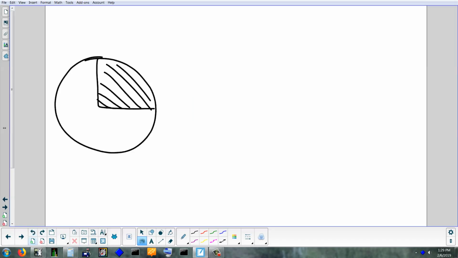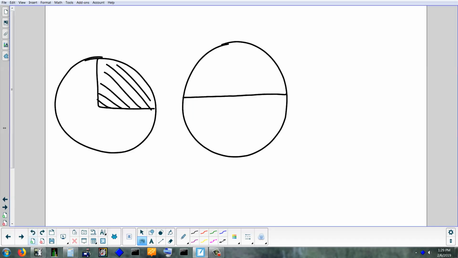Now if you double the size of that angle, it would be how big? It would be 180. That's a 180-degree angle, and that's the sector. So when I doubled the size of the angle, did the size of the area double? Yes. If you make the angle half as big, you make the area half as big.